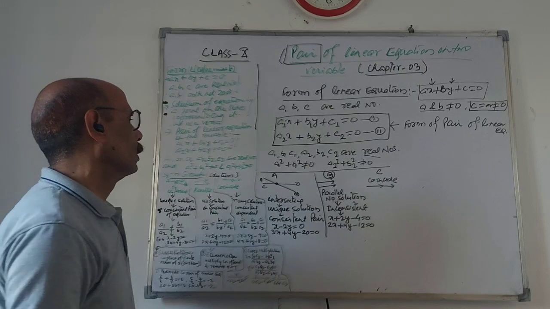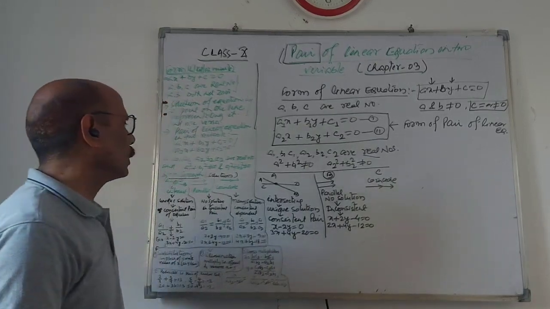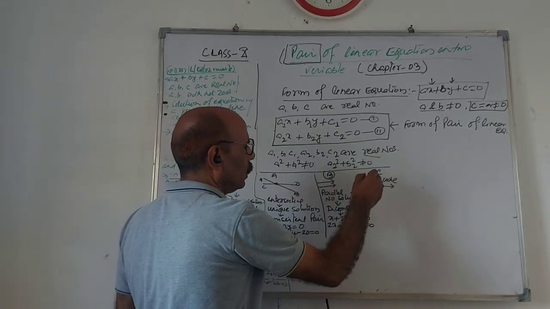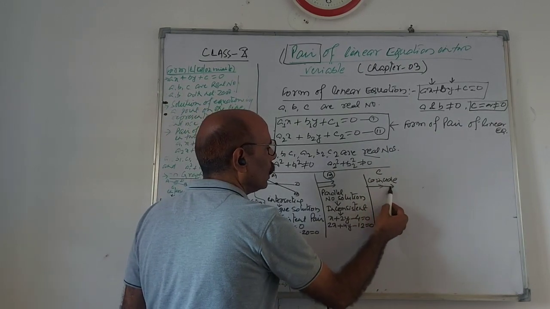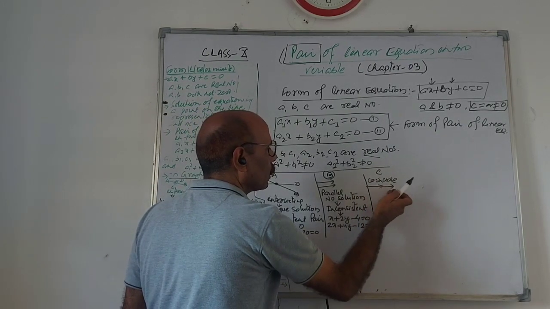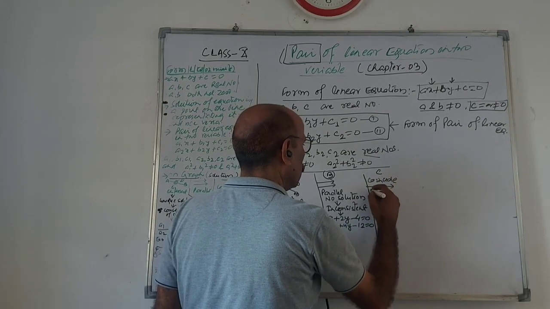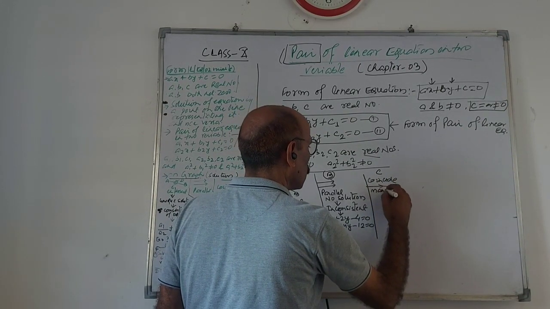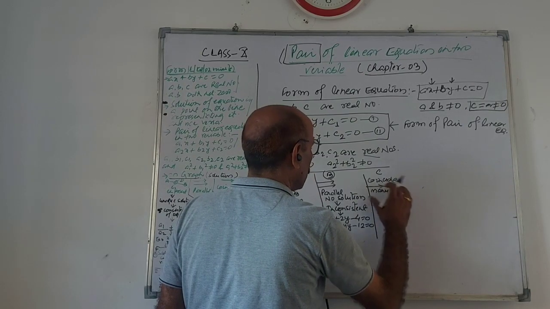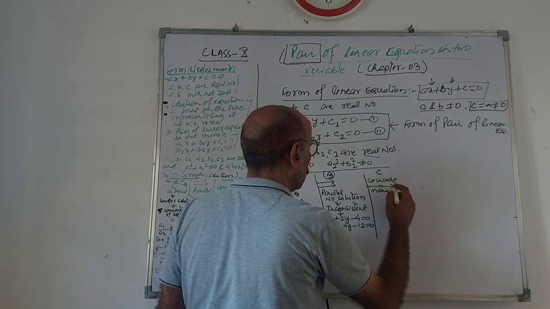Another is coincide. In coincide equations, the solutions will be many, because all points are intersecting. So this is the coincide type and many solutions, meaning the values of x and y will not be unique, there will be many.